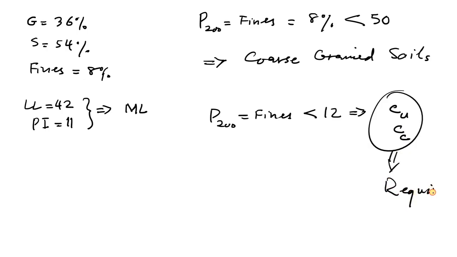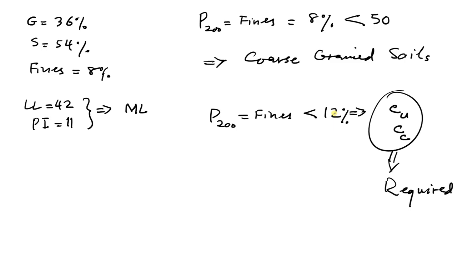But if the value of fines is more than 12%, we do not need them. Sometimes students calculate Cu and Cc and spend some time on that, but later when they go to the table, there is no need. So keep in mind, if fines are less than 12%, you should calculate Cu and Cc in the beginning. If they are more than 12%, no need to calculate, because you are not going to need it on the table, on that chart that we are going to see.